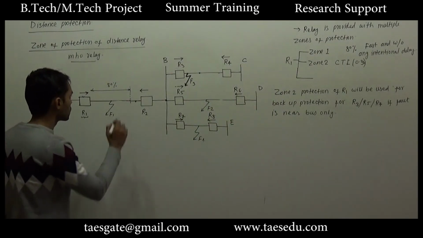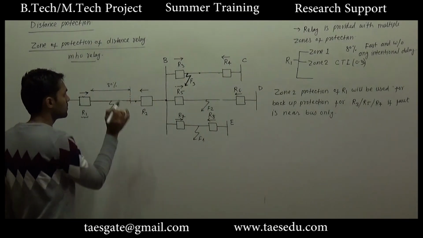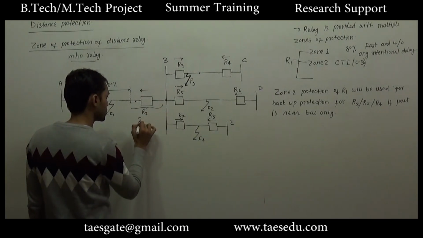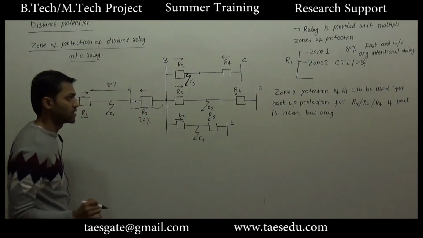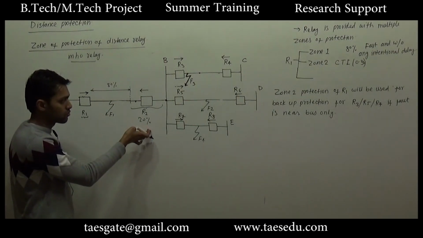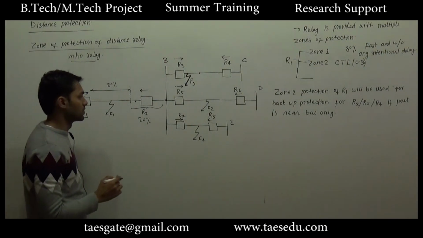Also, the zone 1 protection is only up to 80% of line 1. So the rest 20% of line 1 will be protected by zone 2 protection of relay 1.